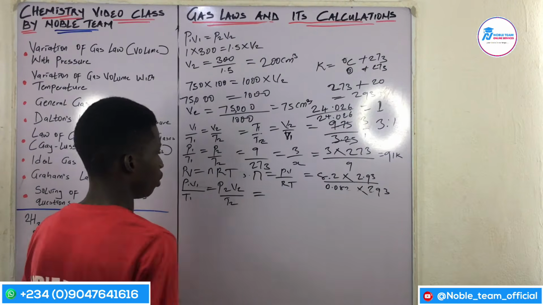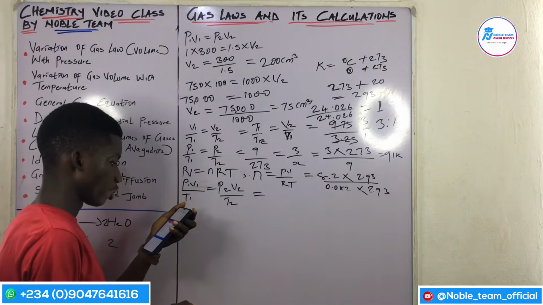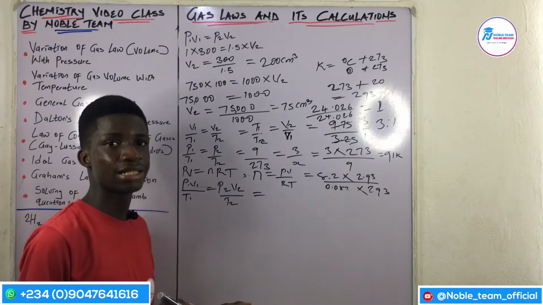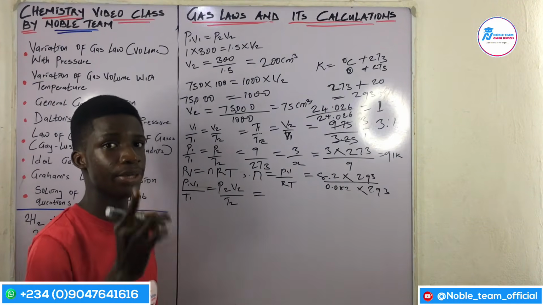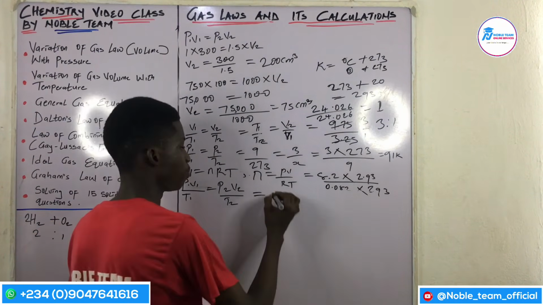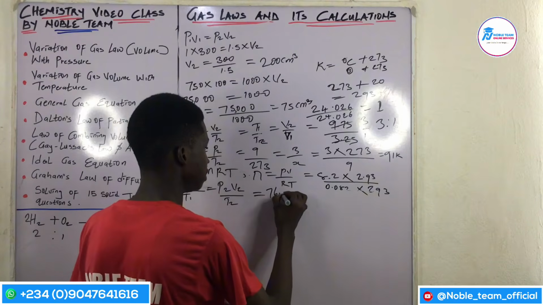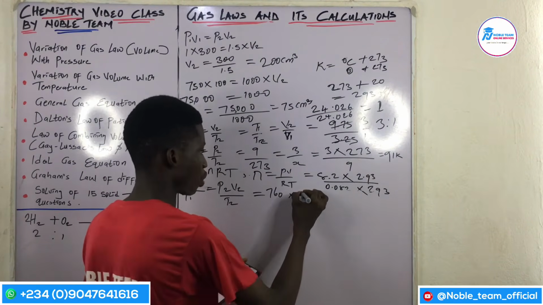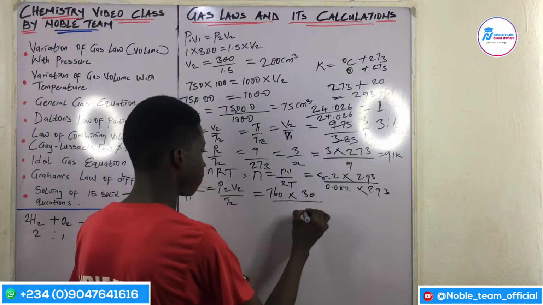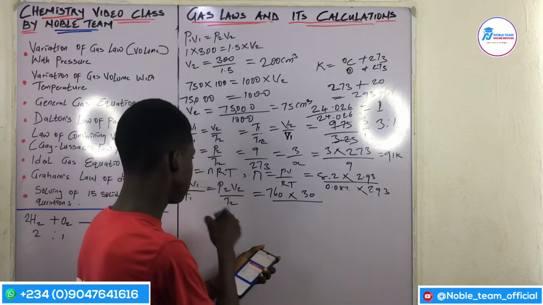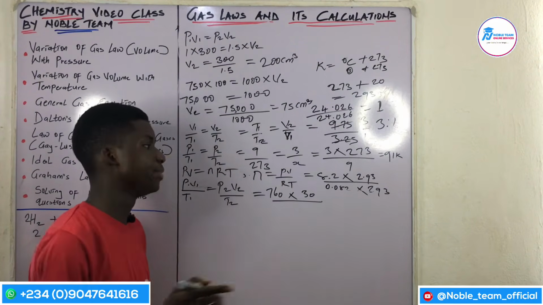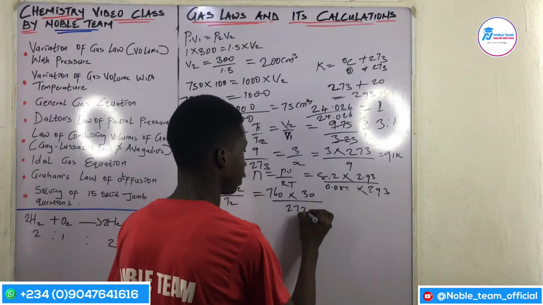So now, my P1 is what? Remember, they said P1 is at STP. So P1 is 760, multiplied by my V1, which is 30, divided by my T1, which is at STP, 273.